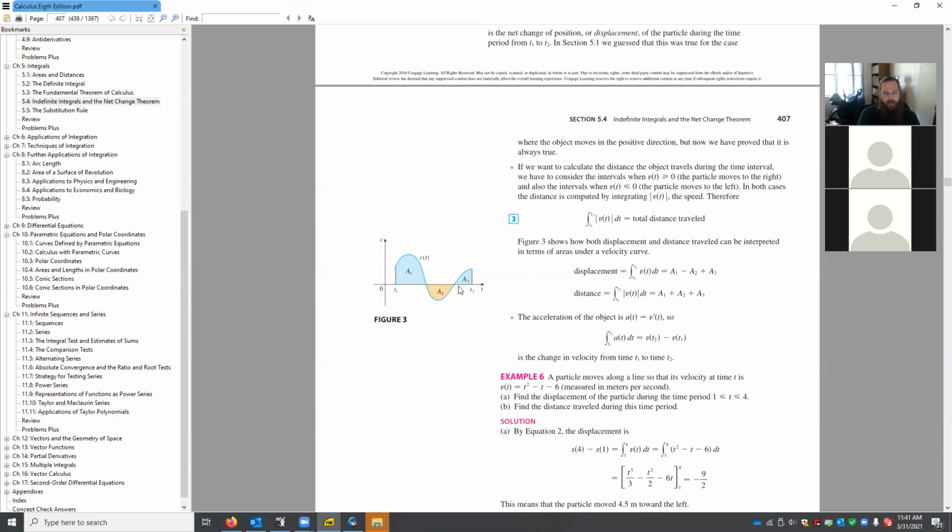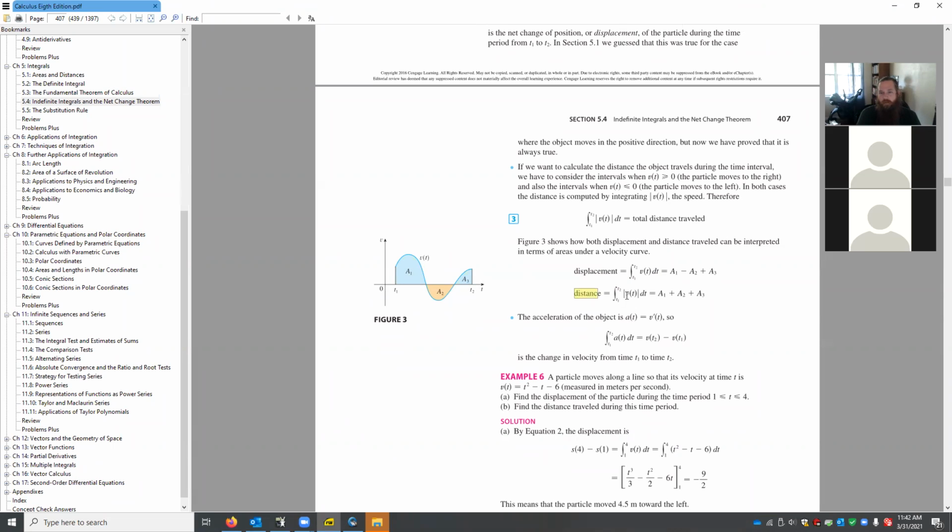So if you just integrate v of t, if your velocity function is sometimes negative and sometimes positive, then these pieces would be measuring distance. But this one is going to come out negative. So it's not going to give you the contribution to your distance integral that you want. The fundamental thing you need to remember for those kinematics problems is that the integral of velocity gives you your displacement, which is how far you end up from where you started.